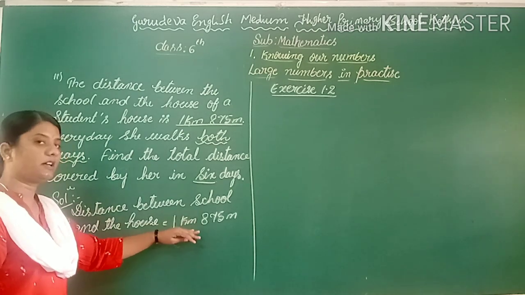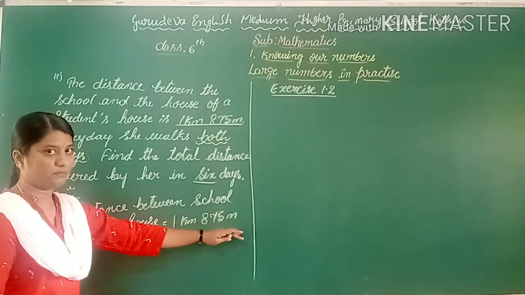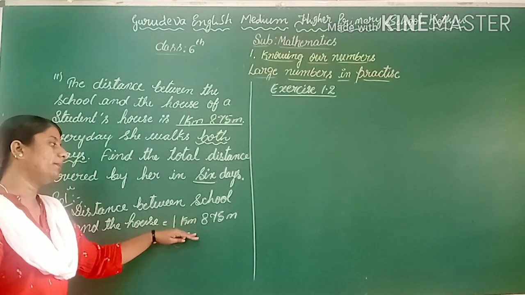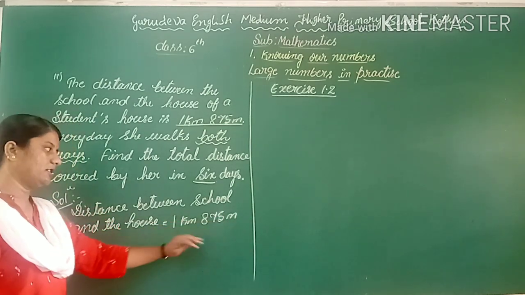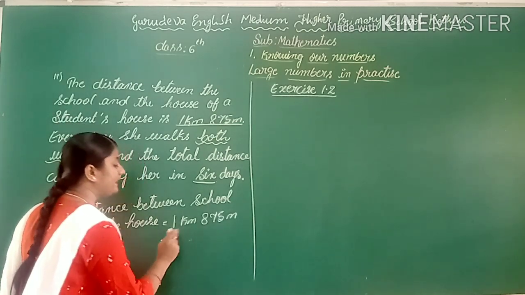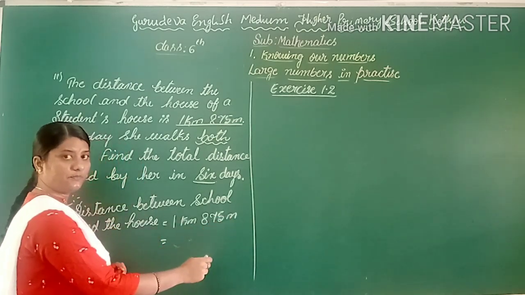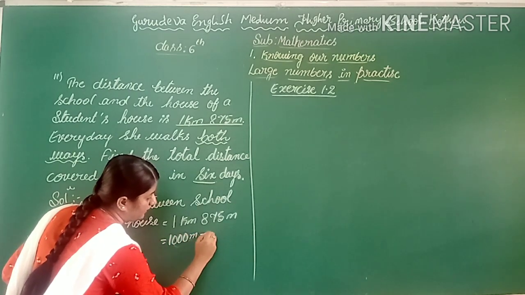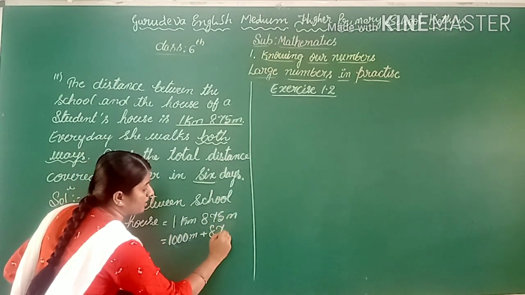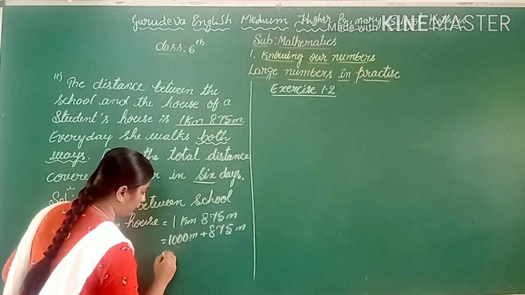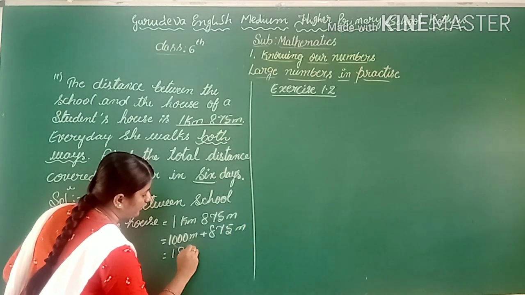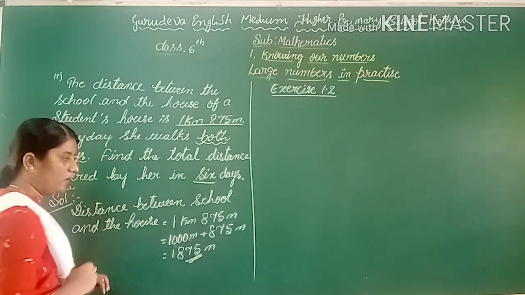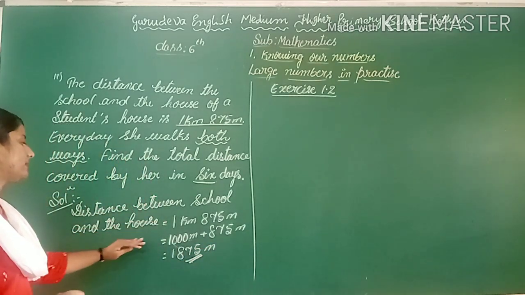So here we have to convert kilometer to meter. Kilometer to meter conversion is very easy. 1 kilometer is equals to how many meters? That is 1000 meters. 1000 meter plus 875 meter is equals to 1875 meters.